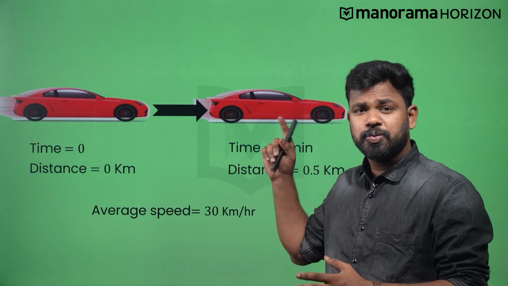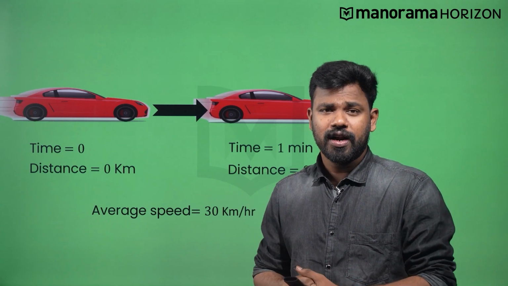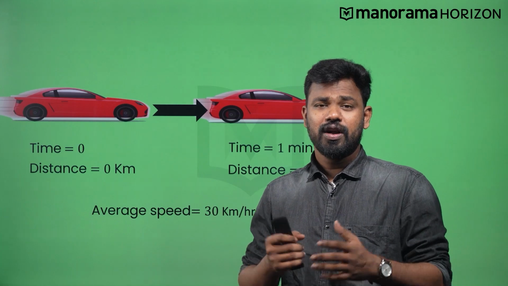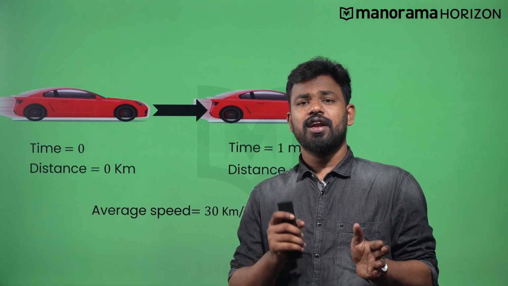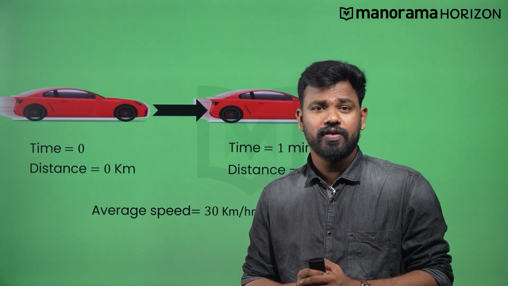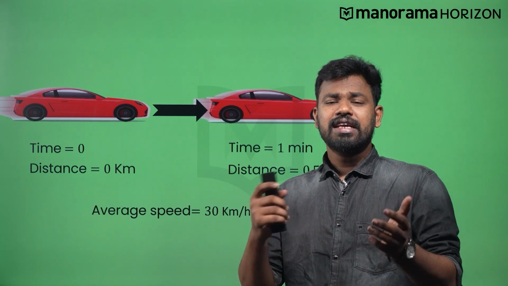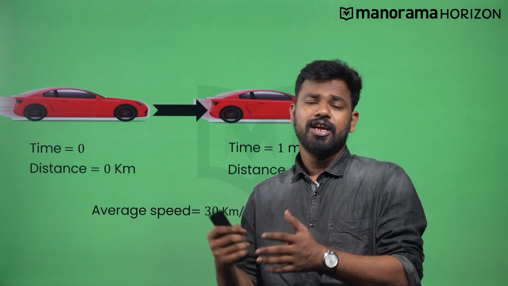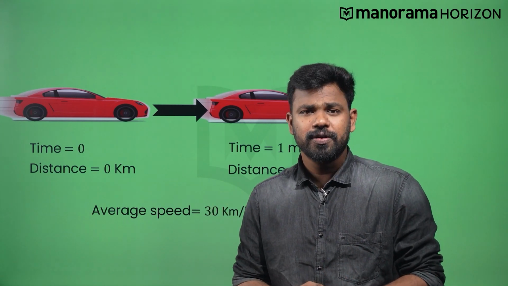Now imagine there was a speed breaker on the road within this 1 minute of travel. Automatically the car will decelerate, and the speed of the car reduces below these 30 kilometers per hour, right? Again, if we accelerate, the car gains speed and goes above 30 kilometers per hour.